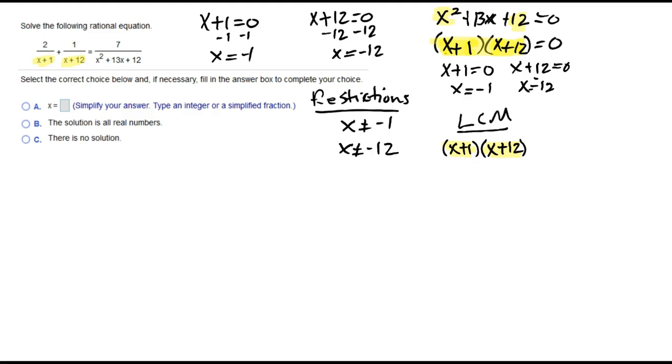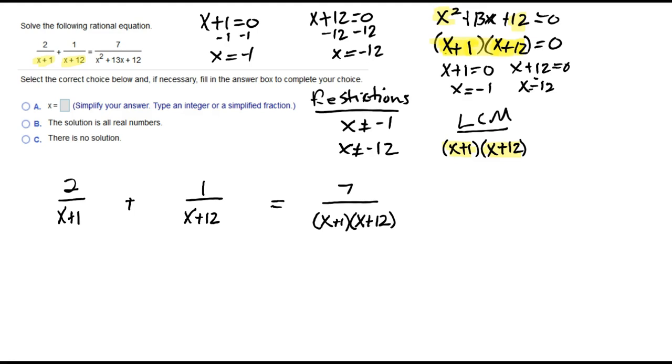Now what you're going to do with these least common multiples, let me rewrite the problem first. 2 over (x plus 1) plus 1 over (x plus 12) equals 7 over, and I'm going to use the factor form here, (x plus 1) times (x plus 12).